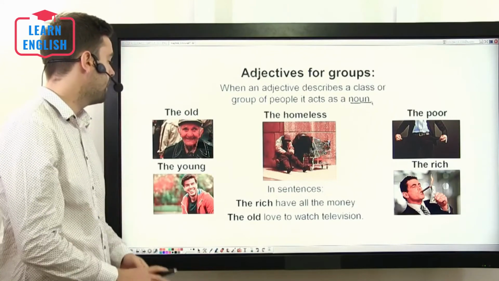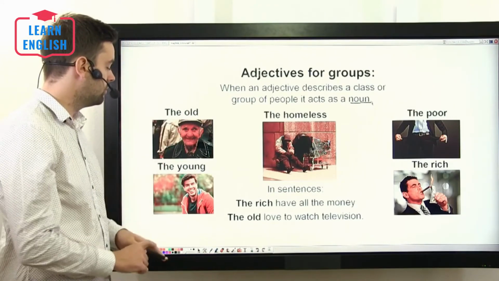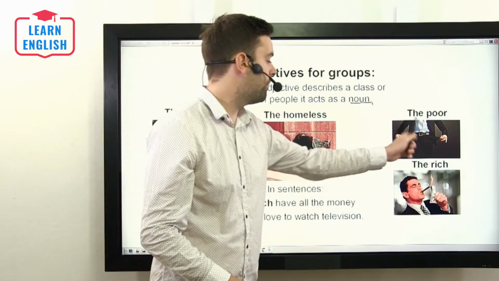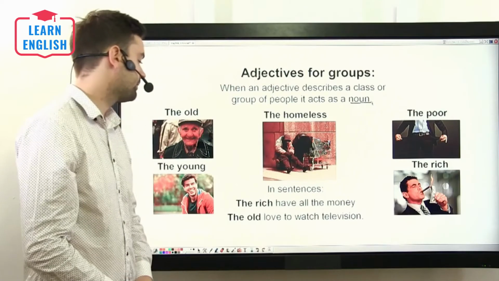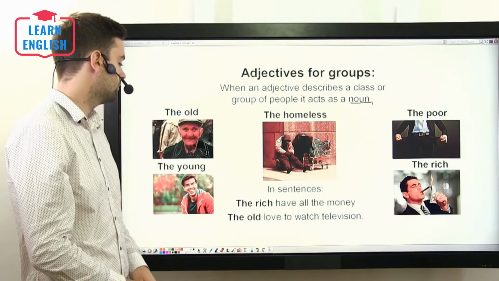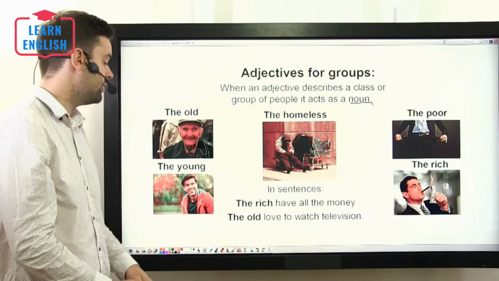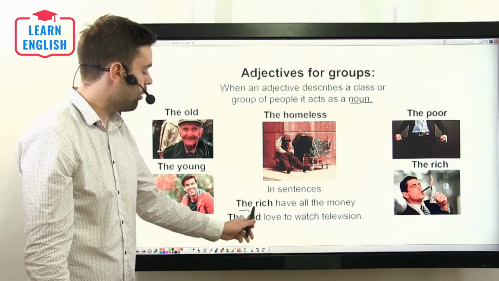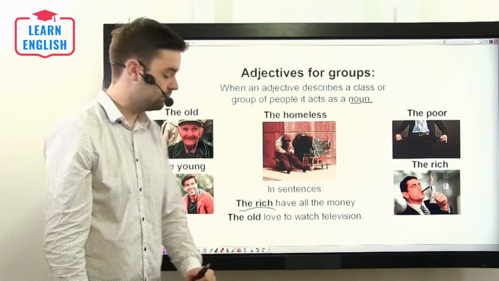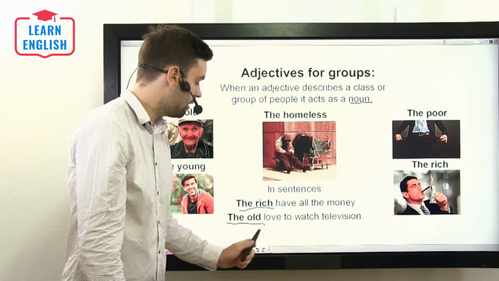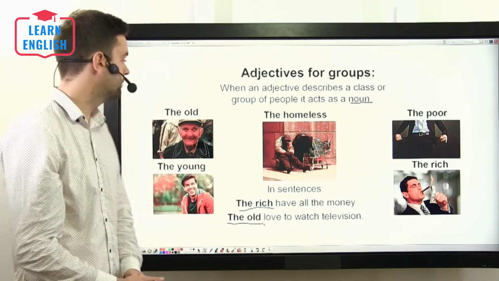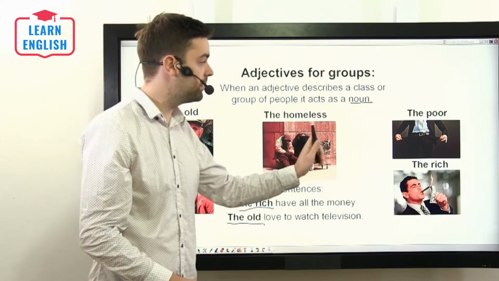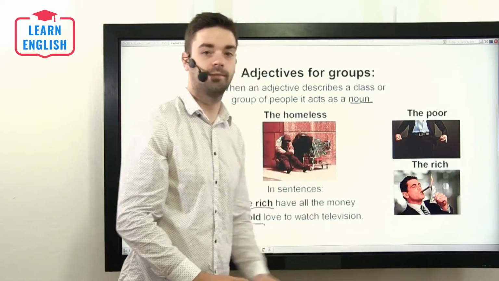So for example, the old, the young, the homeless, the poor, the rich. And when we use them in sentences, it starts at the beginning. So the rich have all the money. The old love to watch television.